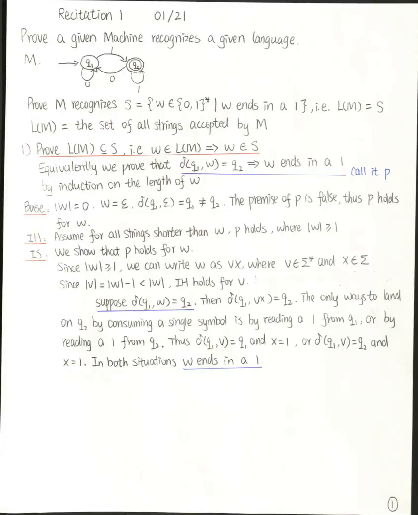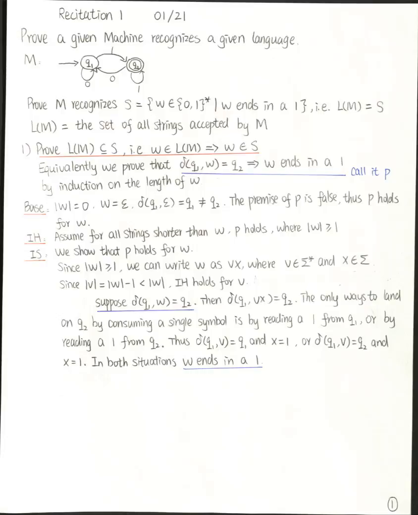Now this W is longer than empty string. We can write W as Vx, where V is any string over the alphabet and X is a single symbol in the alphabet. Since V is shorter than this W, by inductive hypothesis, we assumed this P holds for V. We might need to use this property, we might not, but that's what we have at hand.